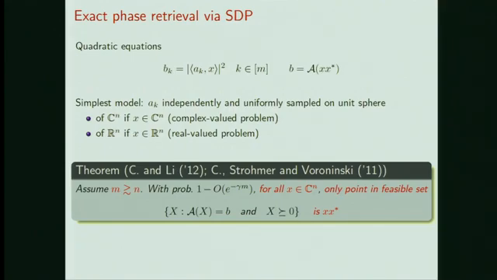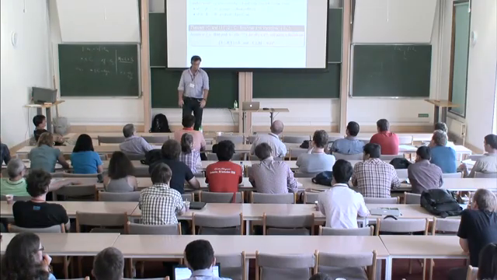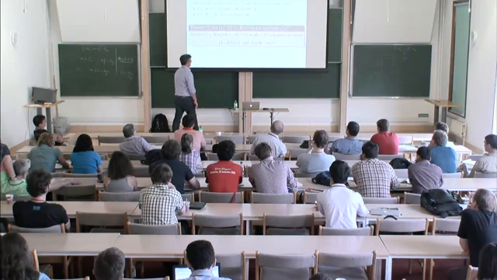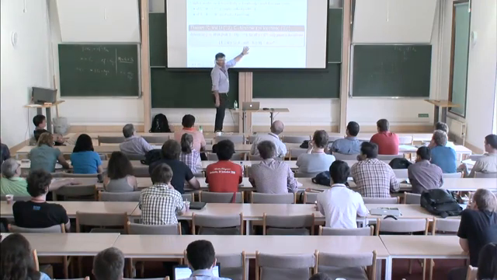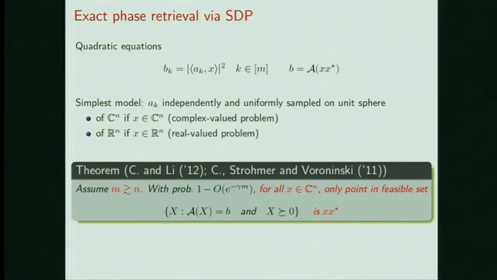With a probability of failure which is exponentially small in the number of quadratic measurements, the theorem says that no matter what the signal is, the only point in the feasible set, I don't even need to minimize a trace, the only point such that Ax equals b and X positive semi-definite is xx star. There is no other point. So just by solving a semi-definite feasibility problem, I will recover the signal with no error whatsoever.